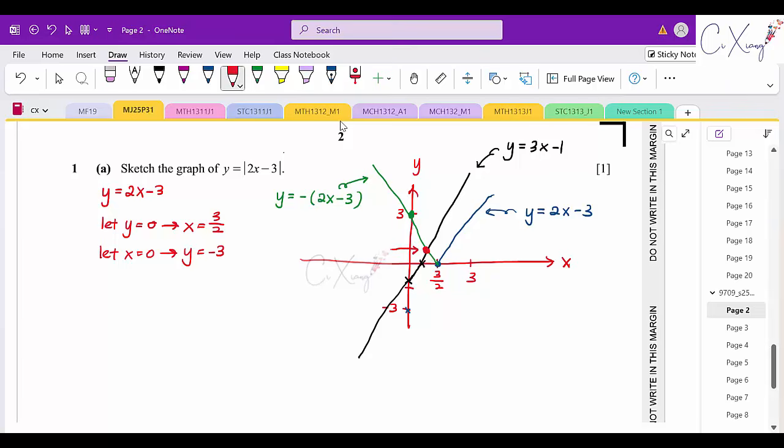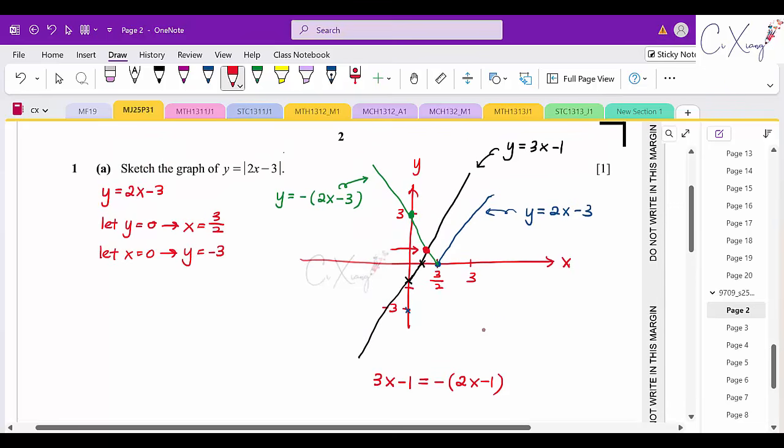So to solve for this intersection point, I need to solve the equation where 3x minus 1 intersects with the reflected part of the graph. So you can find the intersection point by using 3x minus 1 equals negative 2x minus 1. This diagram actually helped me figure out in an easier way what the intersection point is, and which two equations I have to use to find it.